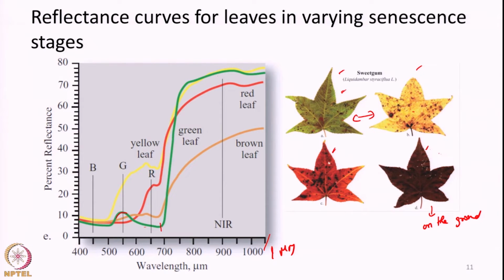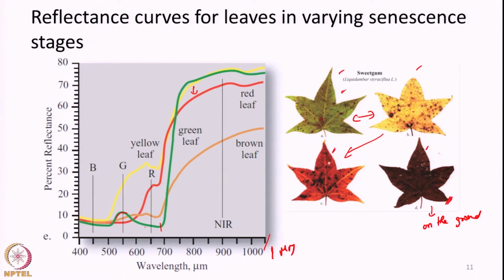Now comes the red leaf. So, after this is another stage of maturity in the leaf. There, the leaf is strongly absorbing in both blue and green portions, that is, chlorophyll is almost absent and only some other pigments are present. So, this leaf is almost towards the end of its life cycle. What happens is that only red reflectance dominates a lot and NIR reflectance slightly reduces.